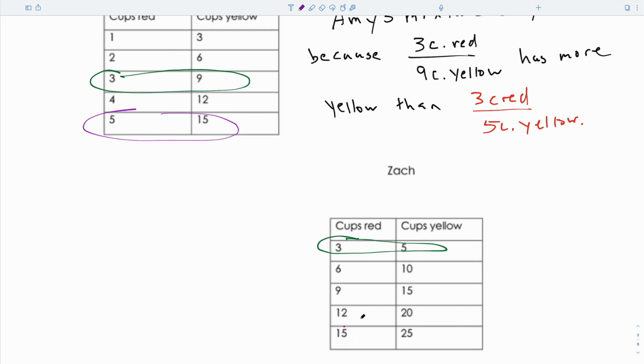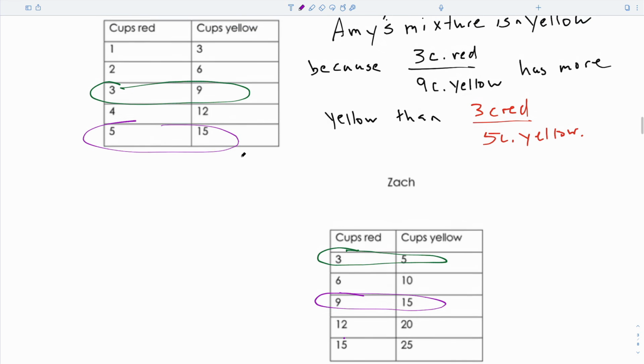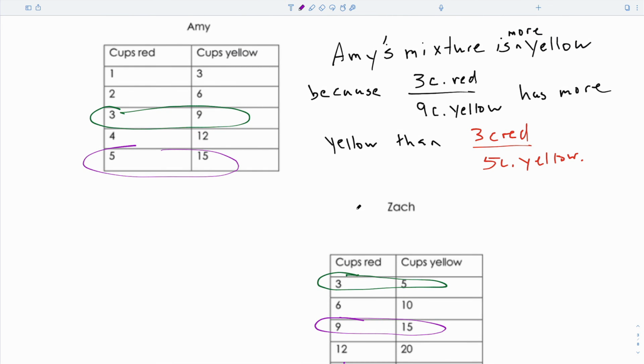Make sure you use the same column. I'm not using the red 15, I want the yellow 15. So when they both have 15 cups of yellow, Amy only has 5 cups of red, and Zach has 9 cups of red. So if you add more red to the mixture, it's going to be a lot less yellow because you have a lot more red mixed in.